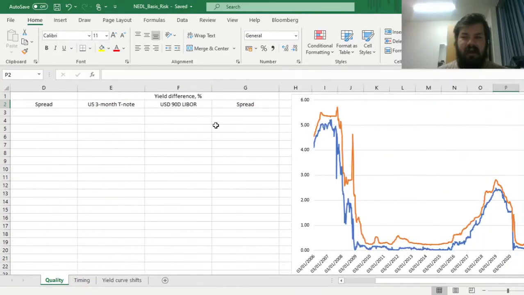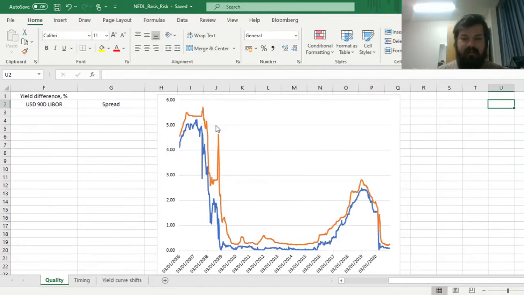And even if you look at the graphs of the two interest rate dynamics from the start of 2006 until the end of 2020, you can see that the movements overall are matching quite well, with the blue line being the rate on US 3-month Treasury notes and the orange line being the 90-day LIBOR rate, both in US dollars, obviously.